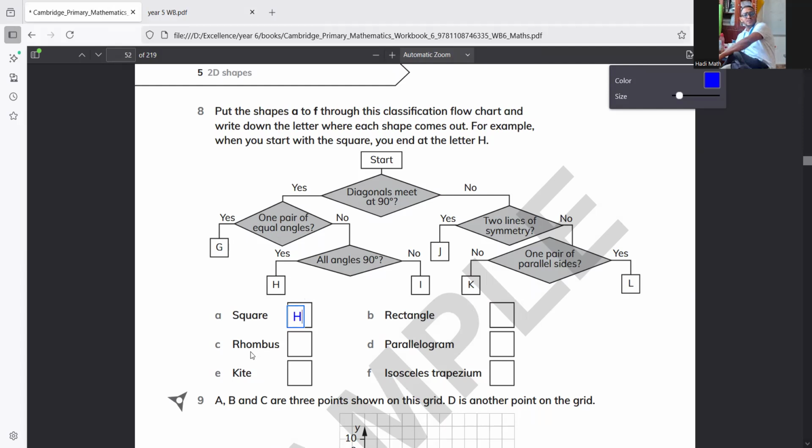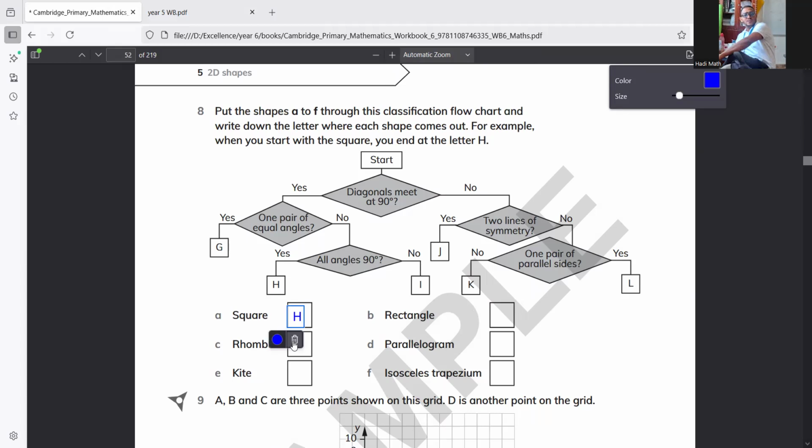Let's go then to the rhombus. Start, diagonals meet at 90 degrees, yes. One pair of equal angles, it's a yes? No, that's two pairs of equal angles. Then all angles are 90 degrees, no. And then ending with what?